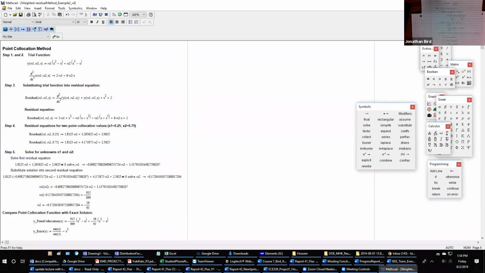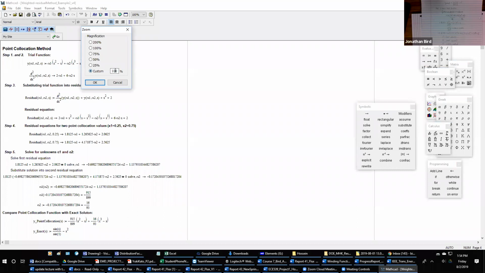So hopefully you can see my screen. Here's what I'm sharing. I'll zoom in a bit.